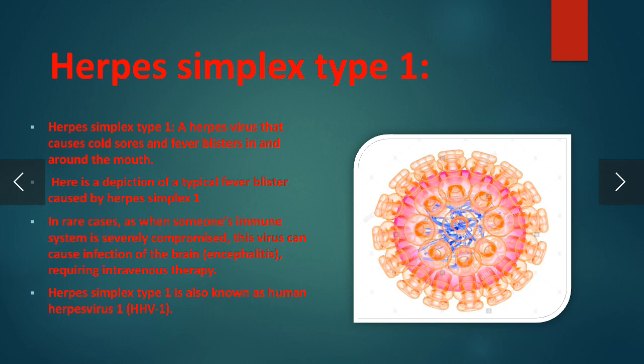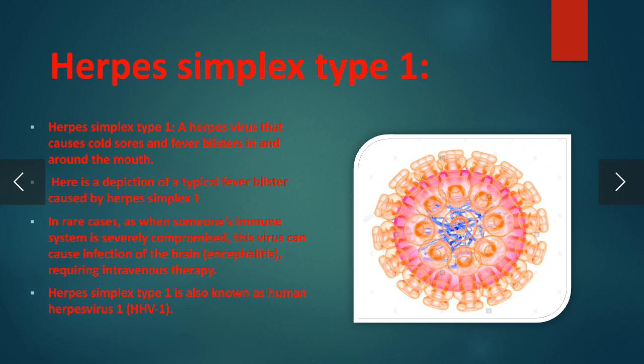Herpes simplex type 1. Here the diagram of virus, and also you can read the description of virus. Herpes simplex type 1, a herpes virus that causes cold sore and fever blister in and around the mouth.